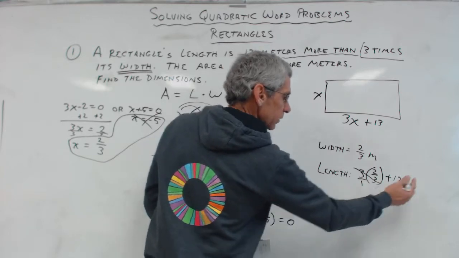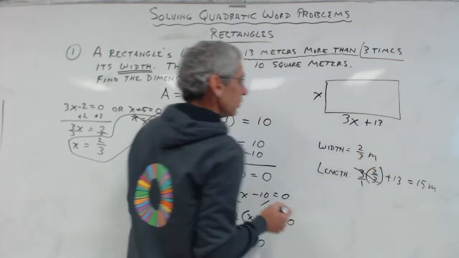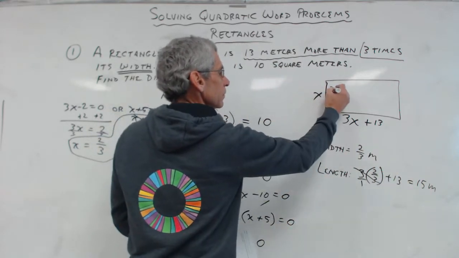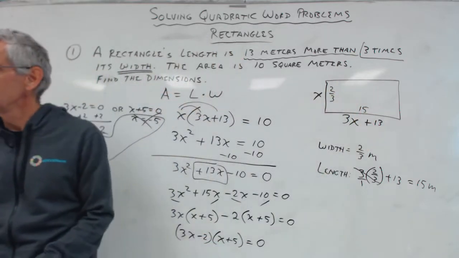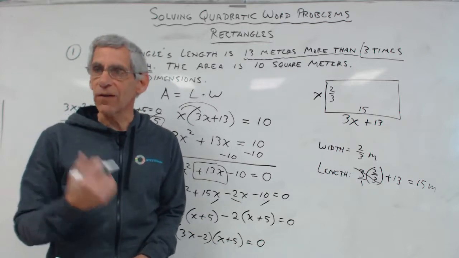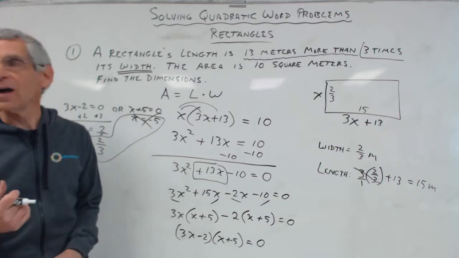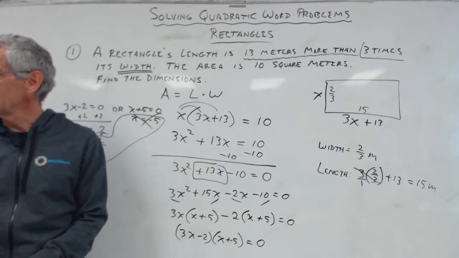So my length is 15 meters. So I know that this is 2/3, and this is 15. Isn't that cool? By using quadratic equations and factoring using Gary's terrific trick, we were able to find the dimensions of that rectangle. Does that make sense?